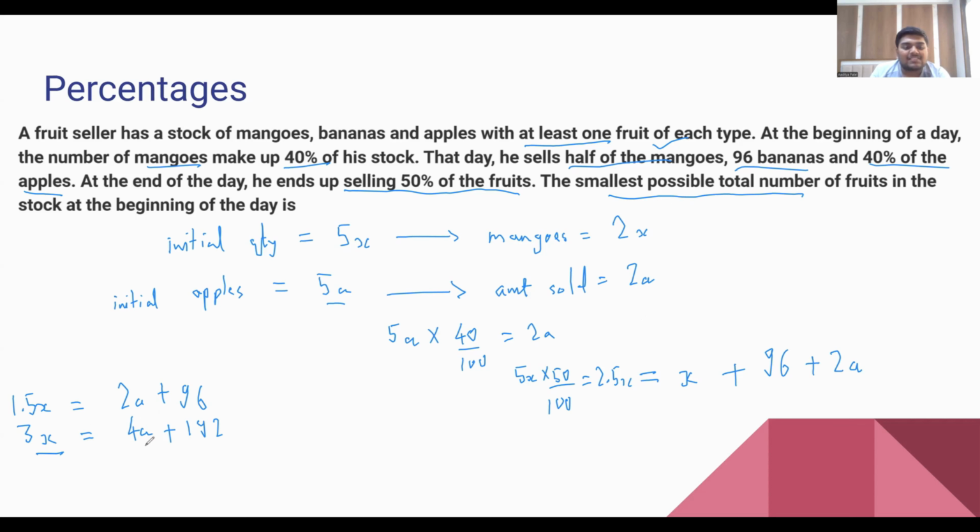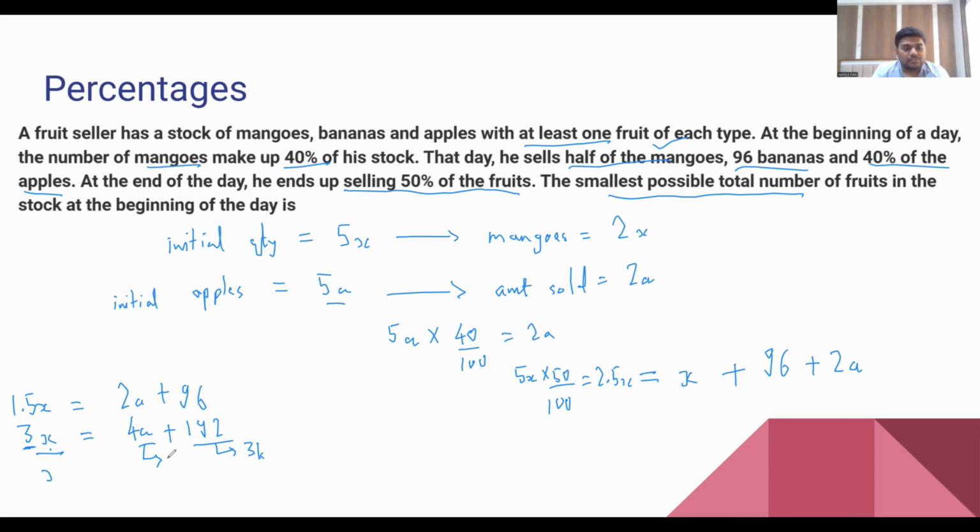And now since x is directly related to a in this form, a has to be minimum. Now see, 192 is a multiple of 3. How? Because the sum of digits is equal to 12. Now 3x, here is a number 3. And for x to be an integer, 4a has to be a multiple of 3.